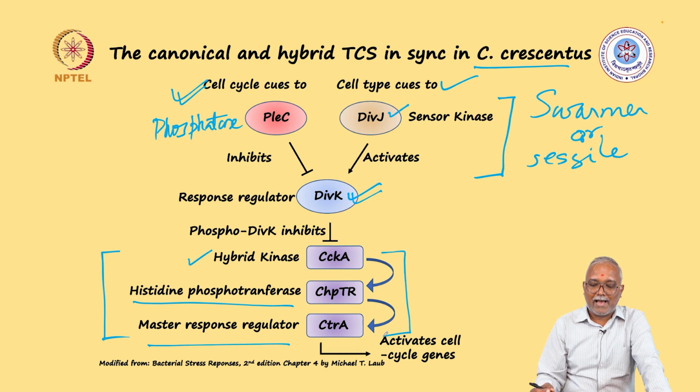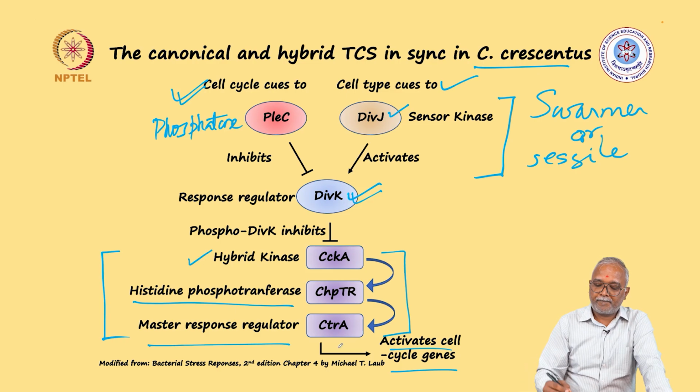So basically, as long as cell type cues are pronounced, there will be no cell division, or it will not undergo cell cycle division. So first system inhibits the other one.